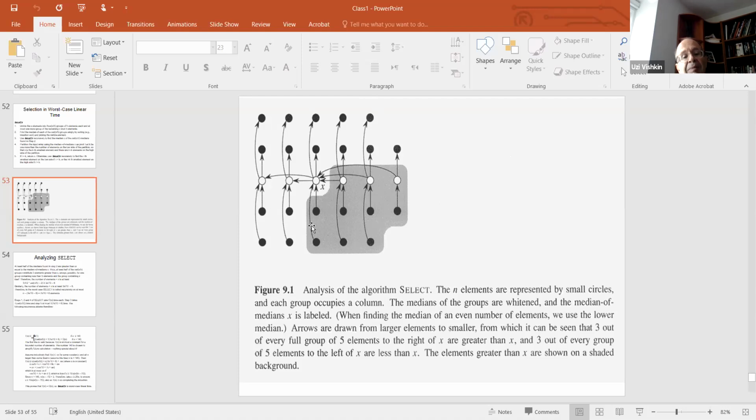The second step is that within each group of 5, we find the median of the 5 elements.